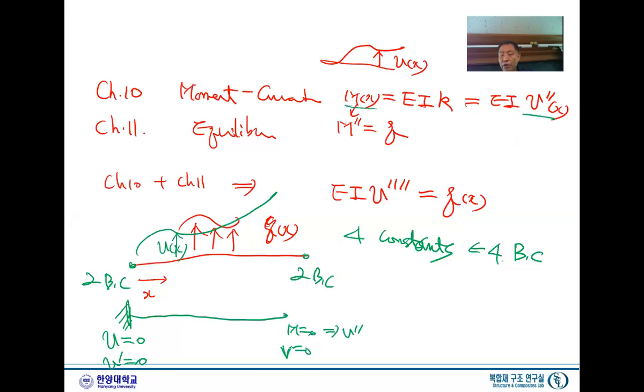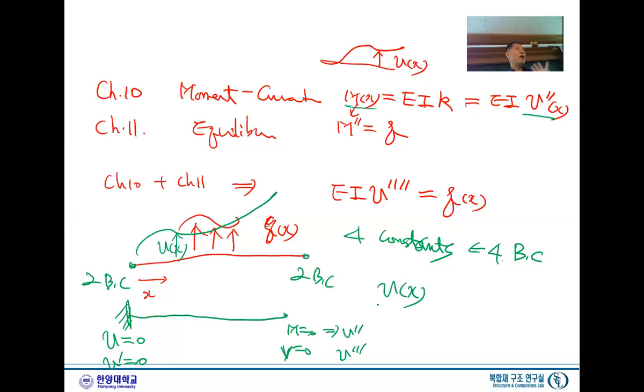And shear force is 0 means the third derivative is 0. So whatever boundary condition you have, we always have 2 on the left, 2 on the right. So total 4, and using these 4 boundary conditions, we determine the 4 integration constants. Then we can complete v.